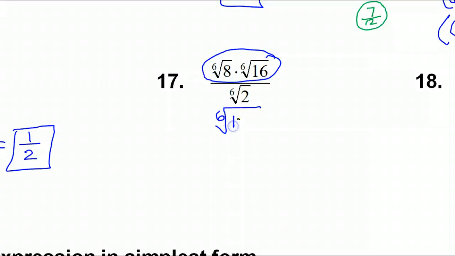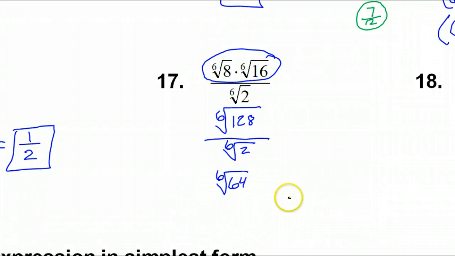So I have the sixth root of 128 over the sixth root of 2. Since the roots are the same, I can do this division. So 128 divided by 2 is 64, and I'm going to have the sixth root of 64.